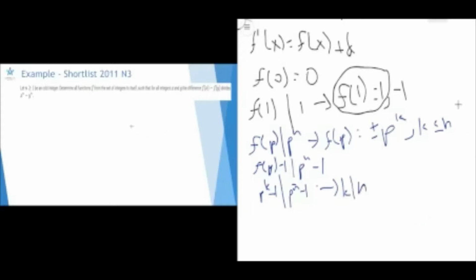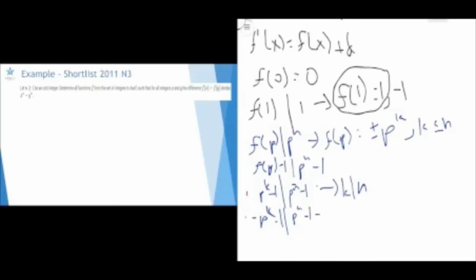Now if instead f of p is negative p to the k, then we have negative p to the k minus 1 divides p to the n minus 1.